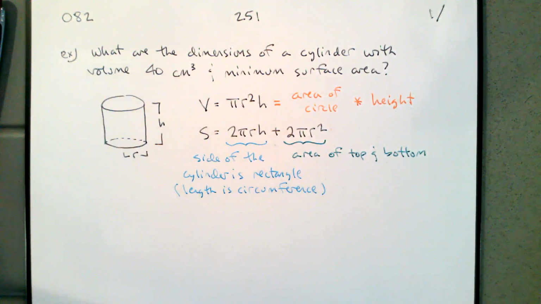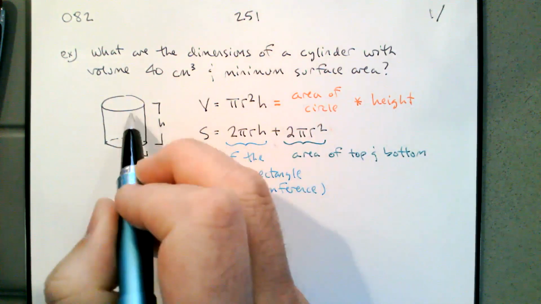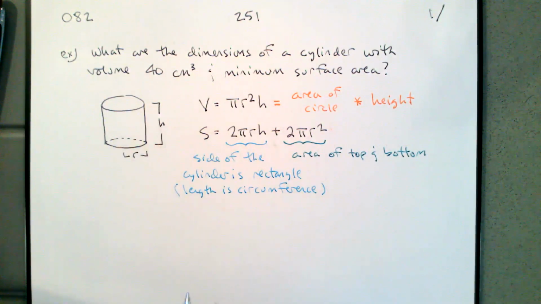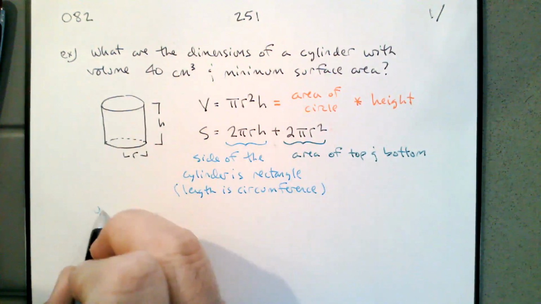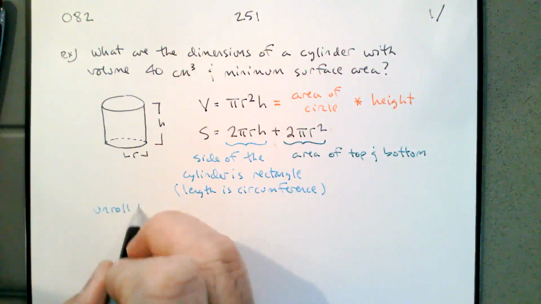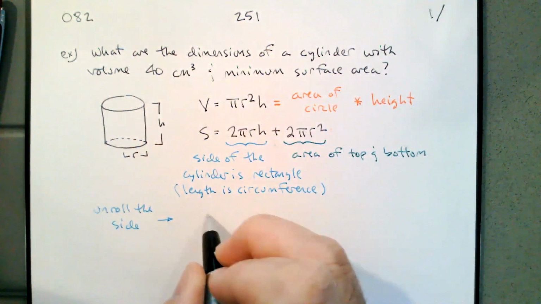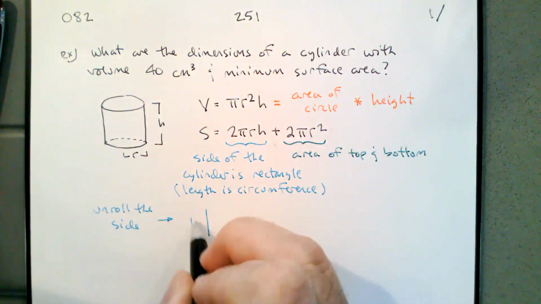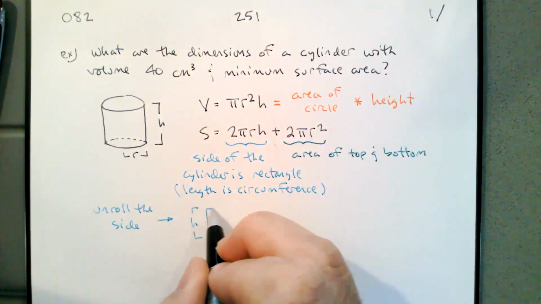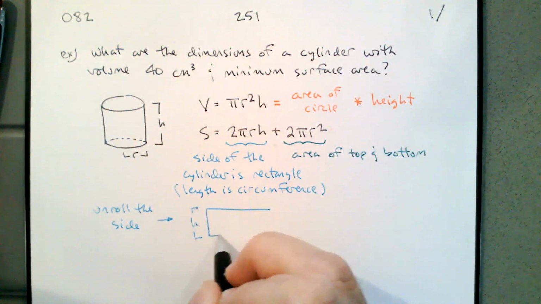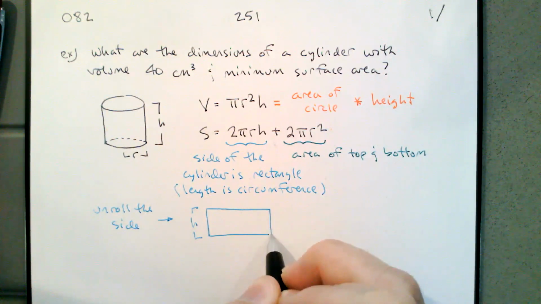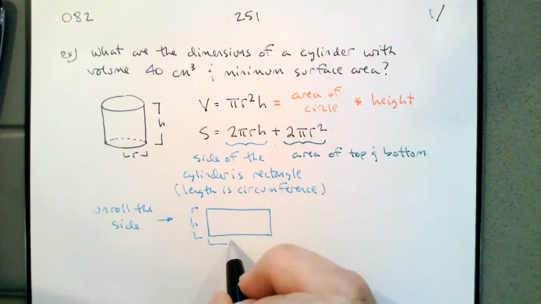So if we imagine taking this cylinder, slicing it from top to bottom and unrolling the sides, we still have a height, and we unroll, and the unrolled length will be the circumference of the circle.